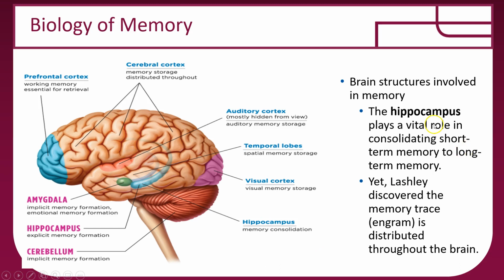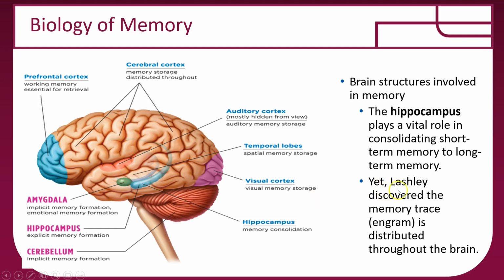The brain structure that's really implicated in memory is called the hippocampus. The hippocampus is here in the temporal lobe. And it seems to be very important in consolidating, there's that word again, short-term memory to long-term memory, changing short-term to long-term memory. Particularly for explicit memories, those memories you can talk about.